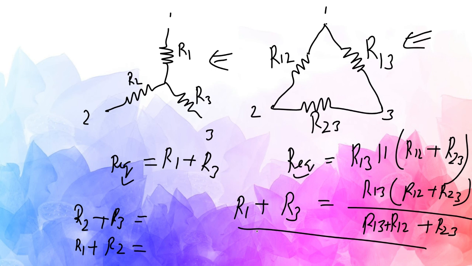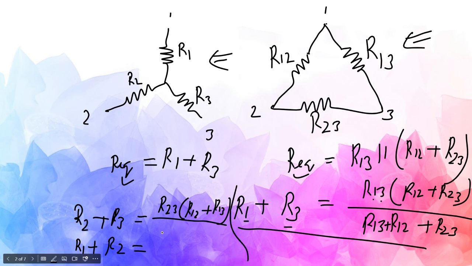So now we need to find out the similarities, right? So R1 plus R3, it becomes R13 here. So what will happen here? R23 into R12 plus R13, right? Don't get confused with this. And the below part will remain same, R12 plus R23 plus R13.